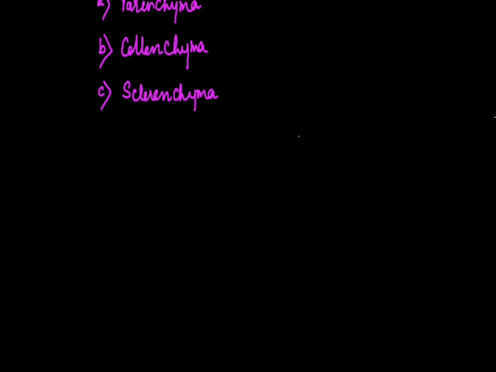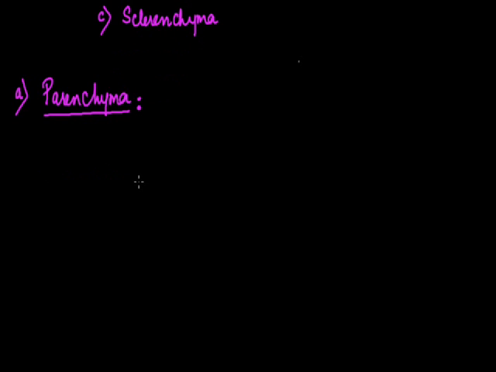So first of all, we'll discuss the parenchyma, which is an example of the supporting type of simple permanent tissue. It is the most fundamental type of simple permanent tissue, or we can say it is the most abundant type of simple permanent tissue.